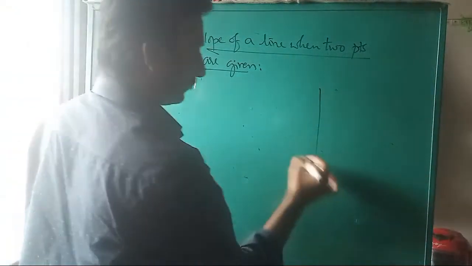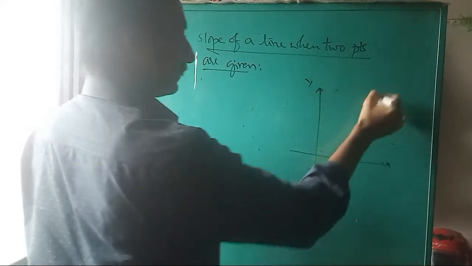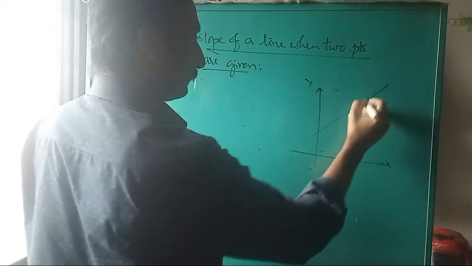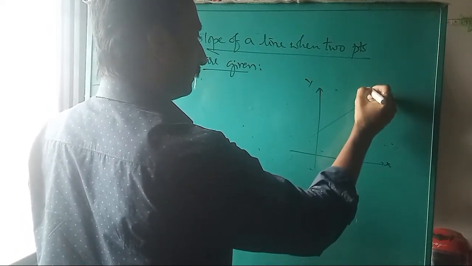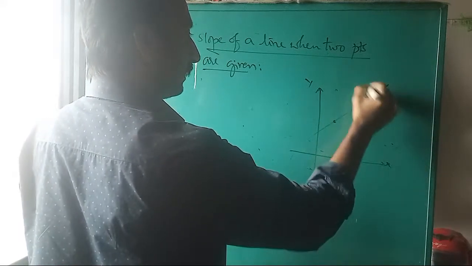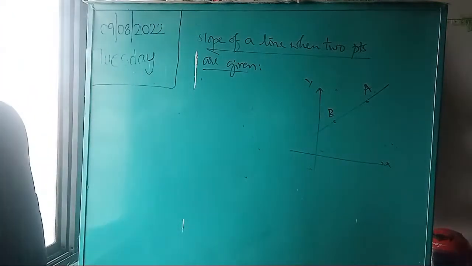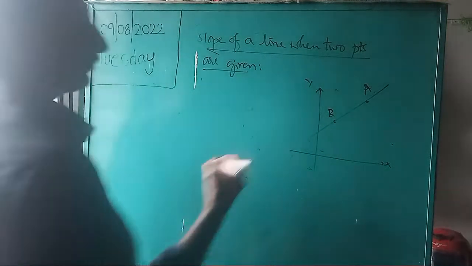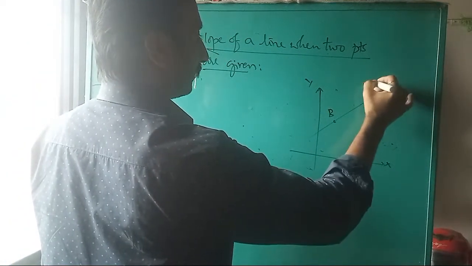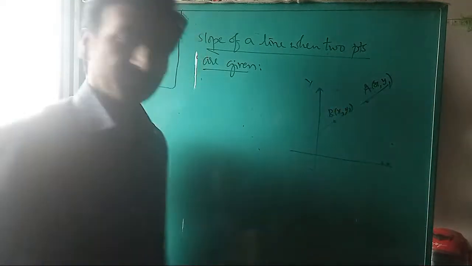Let us take a graph of that. Take a line here. This is A and this is B. You can call it A of x1 comma y1, and this is B of x2 comma y2.